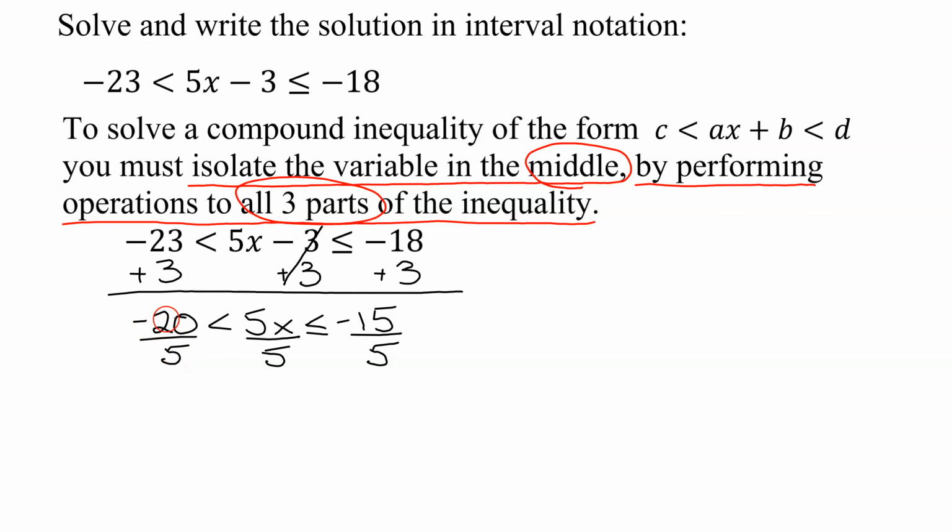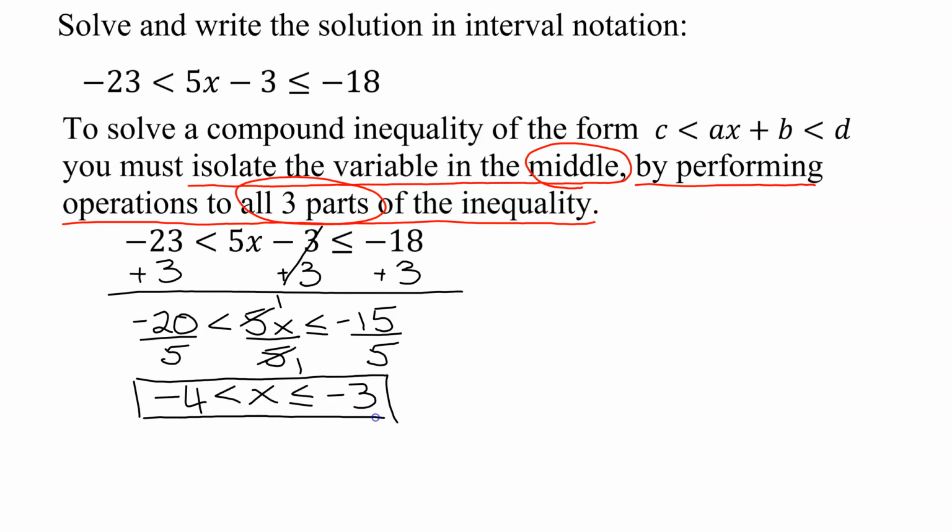So I have negative 20 divided by 5 is negative 4, is less than. My 5's reduce. I just get left with x all by itself in the middle, which is what I want, is less than or equal to negative 15 divided by 5 is negative 3. So I have solved my inequality.